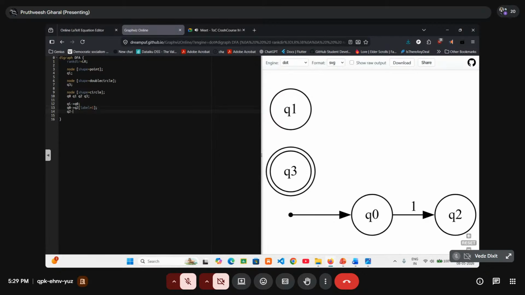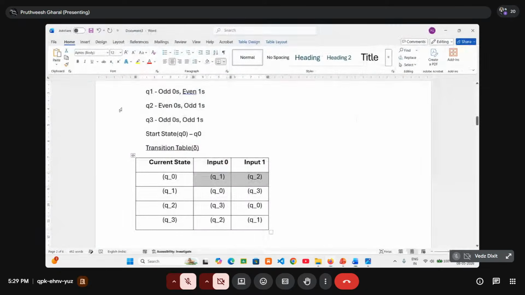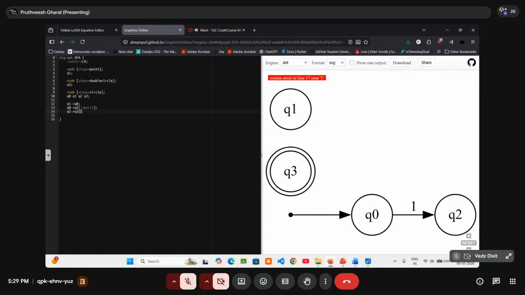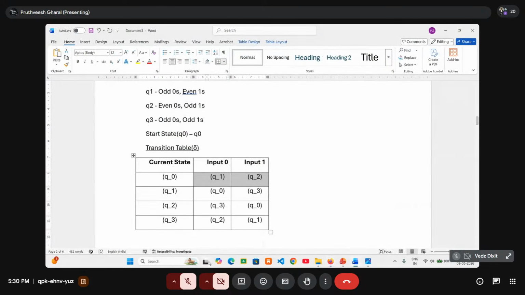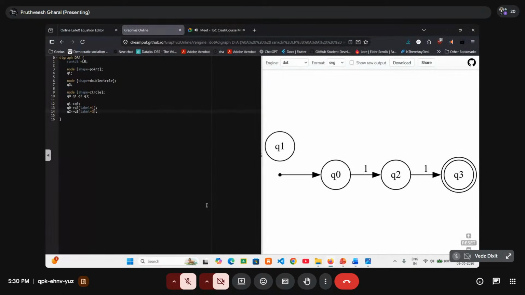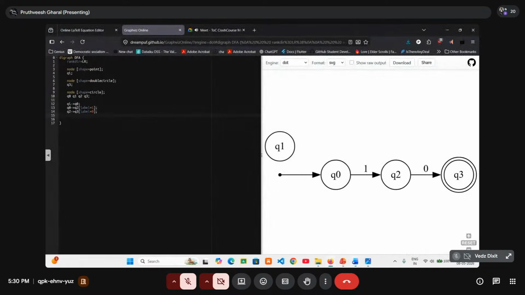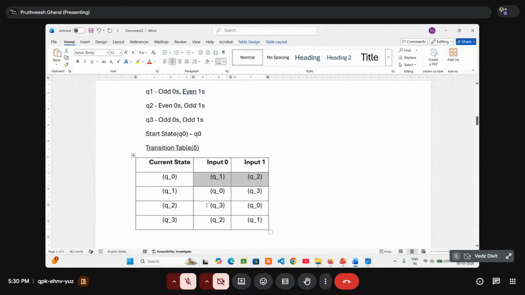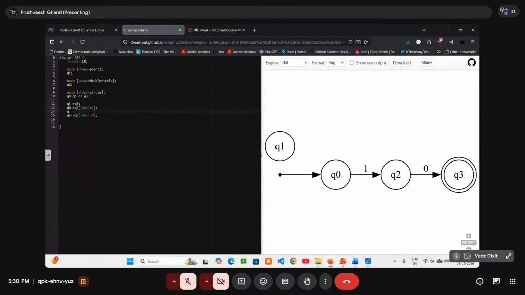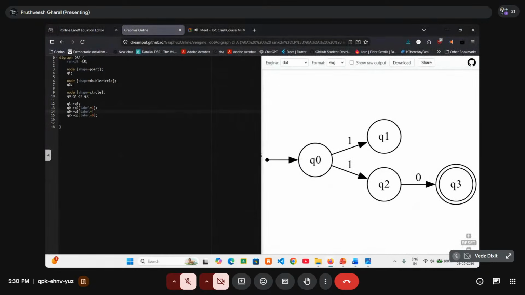Q2 will move to Q3 on receiving input 0, and Q0 will move to Q1 on receiving the input 0.